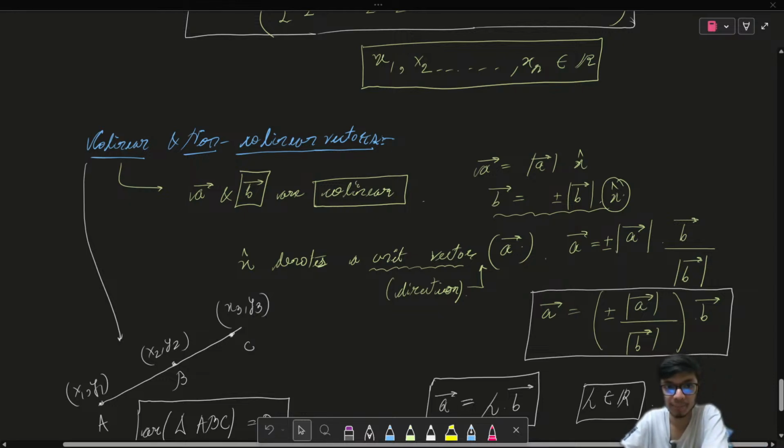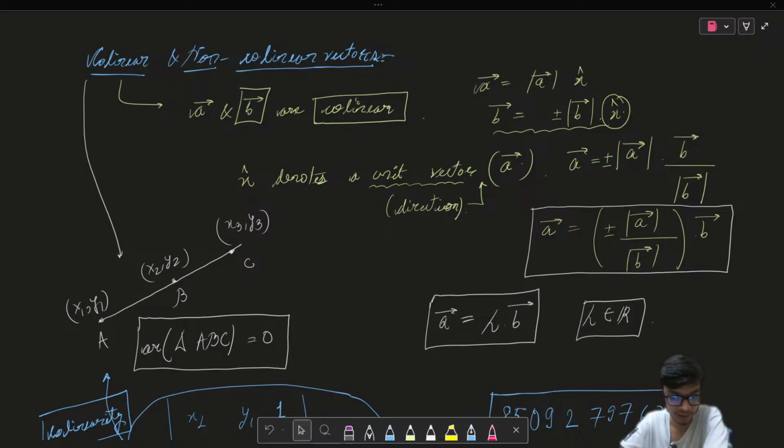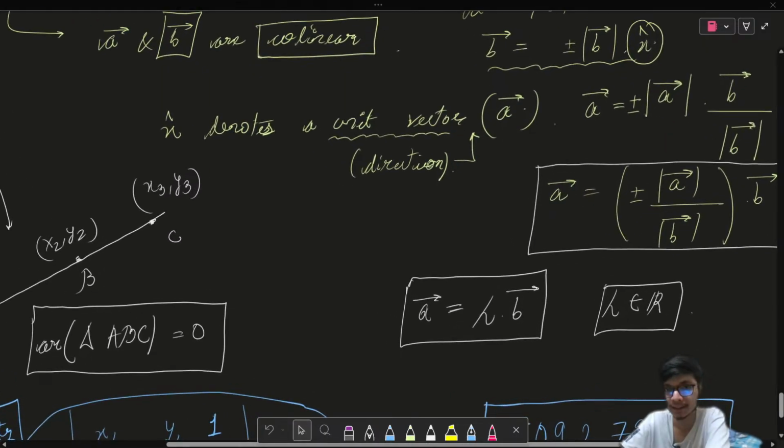With that part, we tried to understand how to establish a relation between two collinear vectors. We saw that A vector is some scalar multiple times B vector.